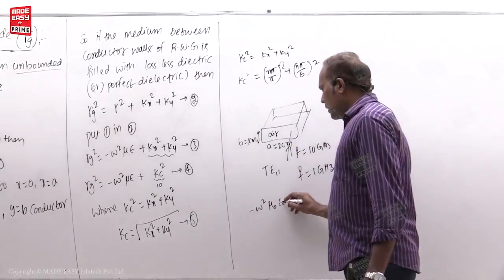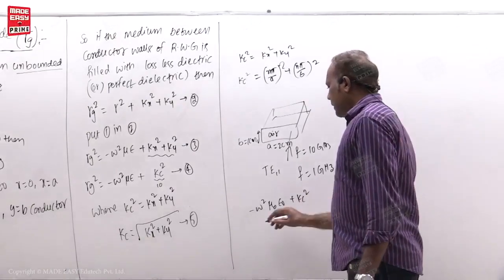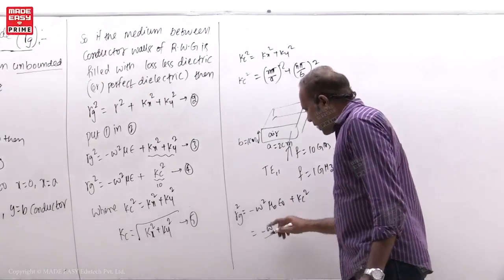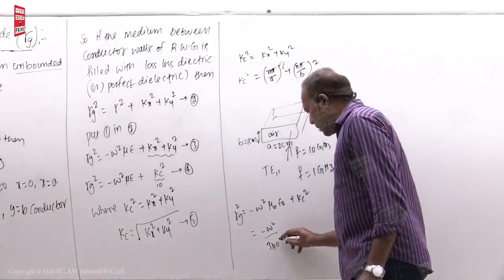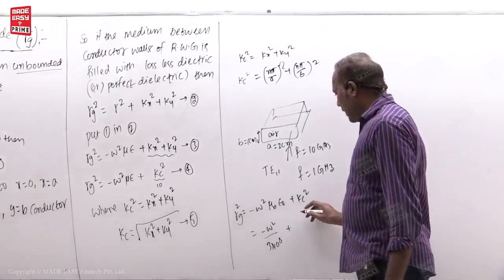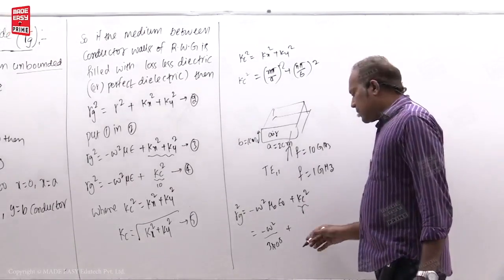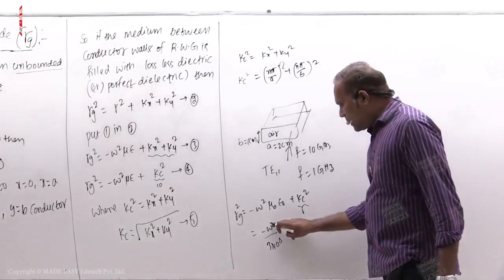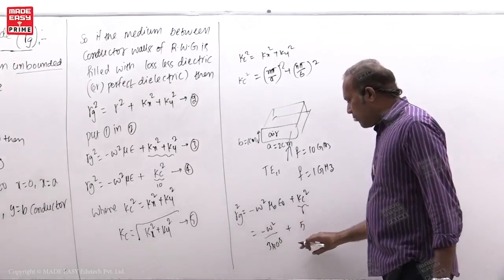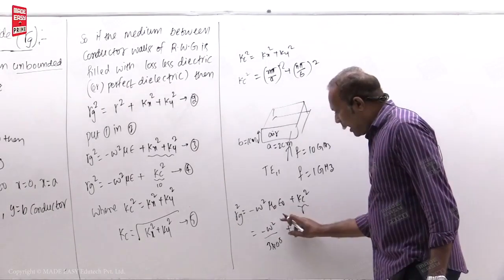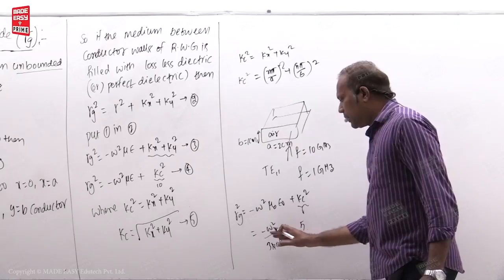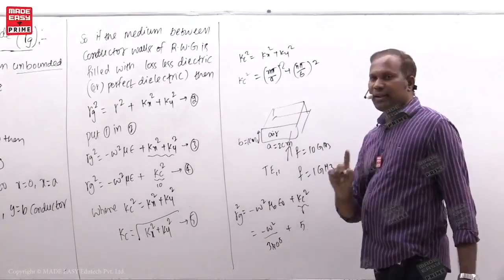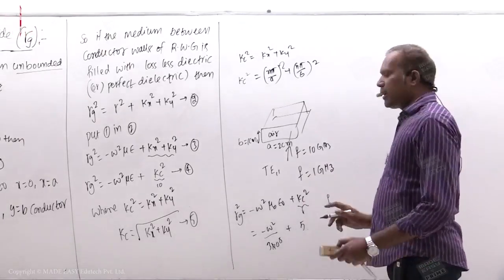Omega square mu naught epsilon naught plus kc square is there for this gamma g square. Now this is omega square. 1 divided by root mu epsilon is 3 into 10 to the power 8. So plus kc square, let us say after solving I got some value, let us say 5. Now I will change this omega in such a way that this value 5 and this value becomes minus 5, then the overall value becomes 0. So that happens only at a single frequency, that is called fc, the cutoff frequency.